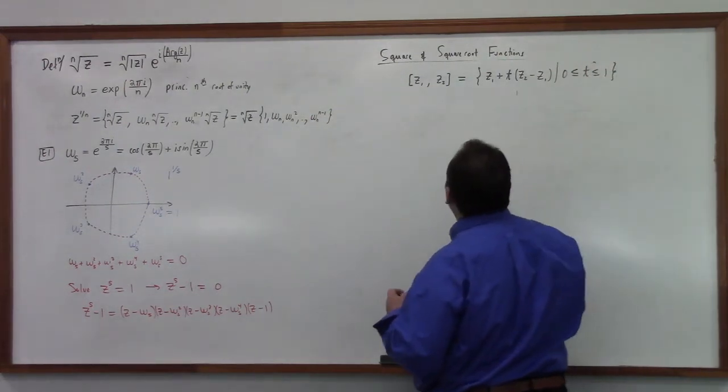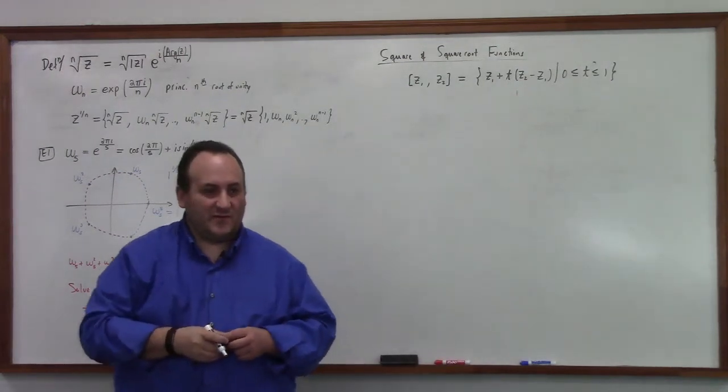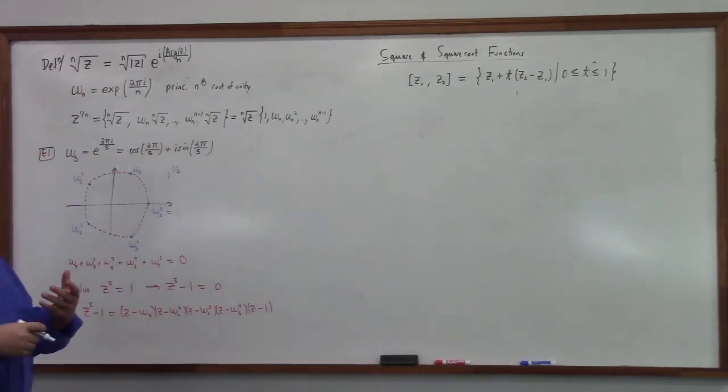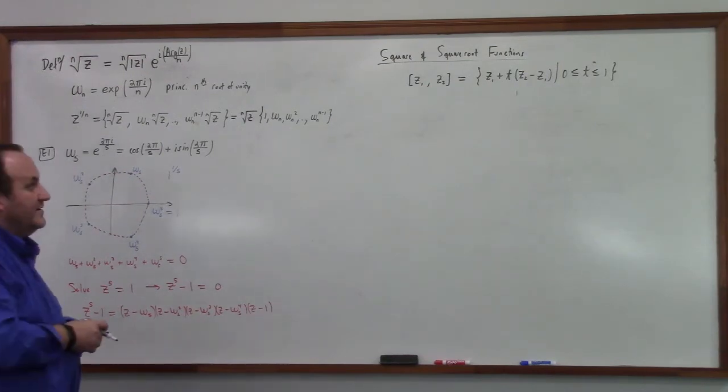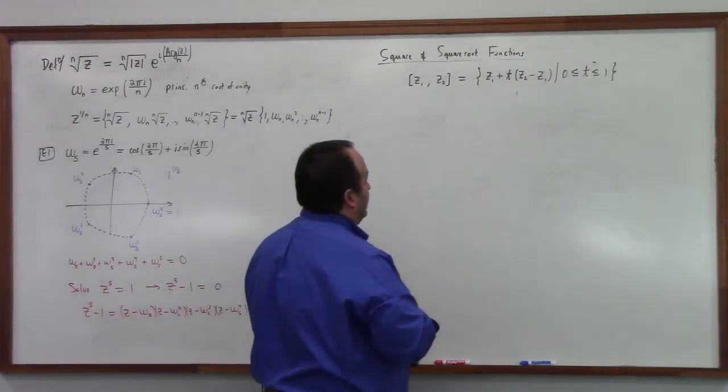So in other words, this is our notation. This is not an interval. It is a line segment from z1 to z2, okay? So that's a convenient notation for us.